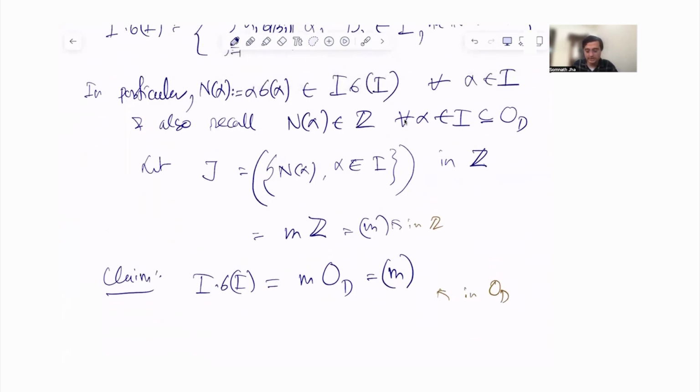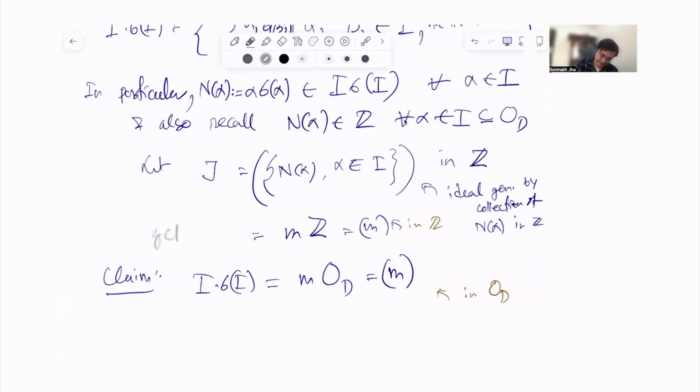Let me repeat the definition: you take the collection of norms of alpha, alpha belonging to I, and the ideal generated by this collection inside Z. You collect all the norms of alpha, which are elements of Z. In some sense, this is like the GCD inside Z, whatever that means. Okay, this is M.